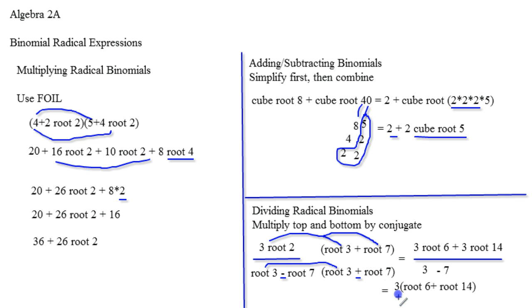So we get 3 out of there, and on the bottom, we get a negative 4. Some people don't like the negative 4 down there. I'm okay with it. But just remember, you're going to multiply top and bottom by the conjugate, and the conjugate is just the opposite sign. And adding and subtracting, just remember, simplify first, then combine.